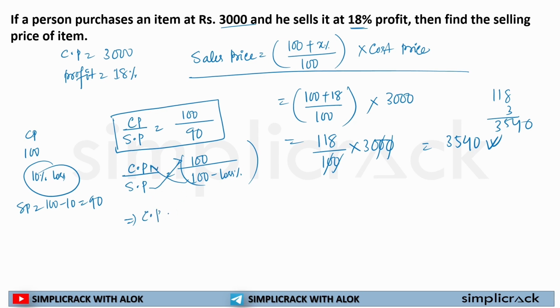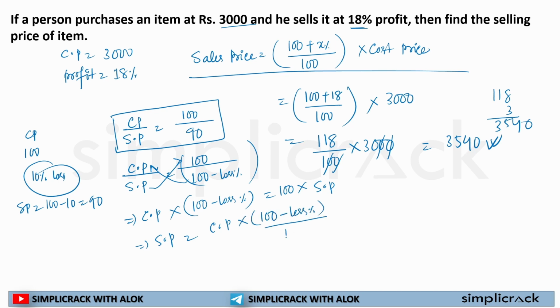So cost price multiplied by (100 minus loss percentage) will be equal to 100 into sales price. Now sales price will be cost price multiplied by (100 minus loss percentage) divided by 100. This 100 is multiplied here, it will come this side, it will be divided. So this is the formula.